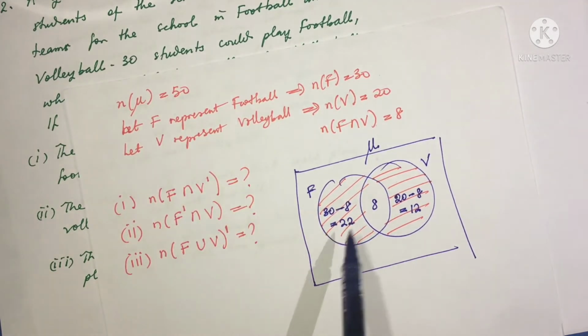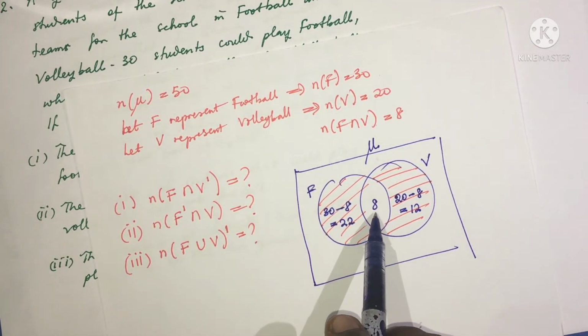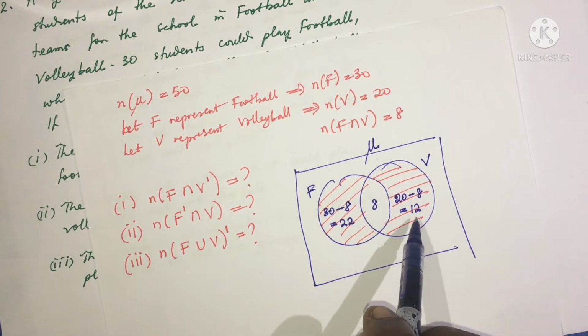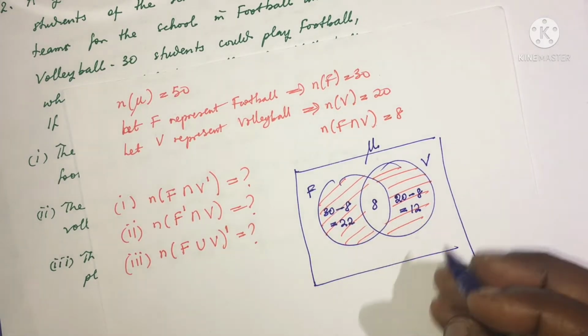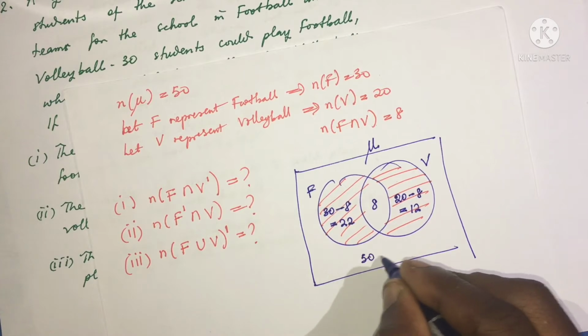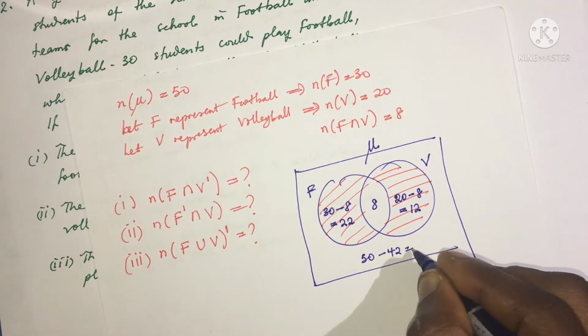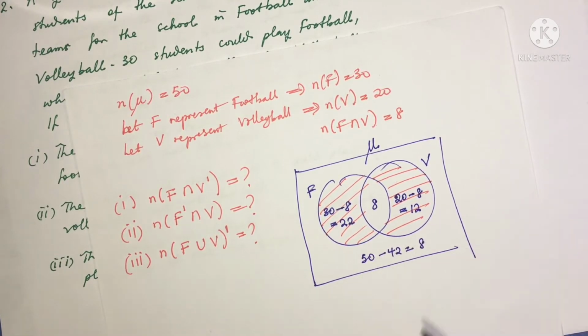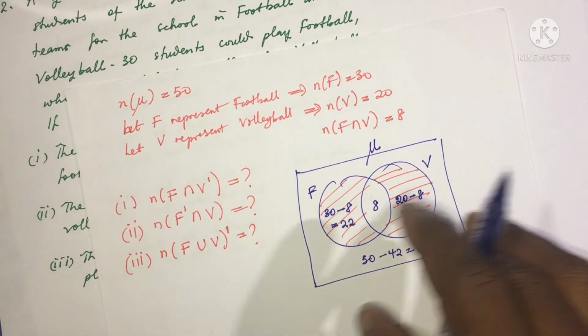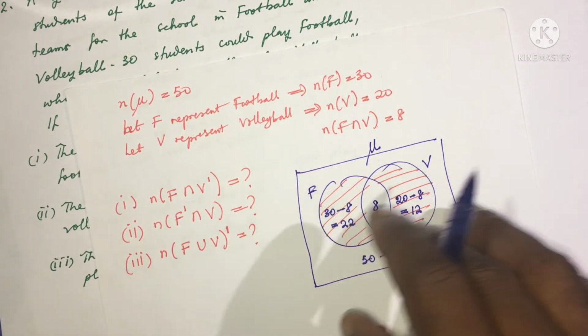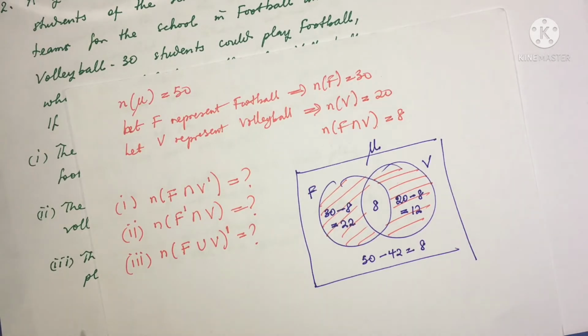If you add 22 to 8, it will give you 30. 30 plus 12 will give you 42. So this will be 50 minus 42 students, giving you 8. So 8 students were not put in any of the teams. They did not play football, neither did they play volleyball.